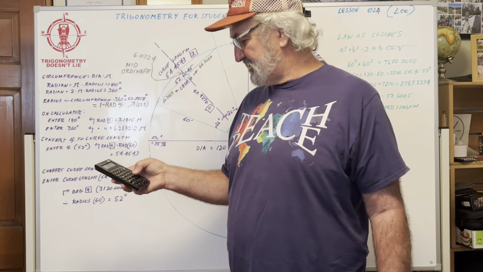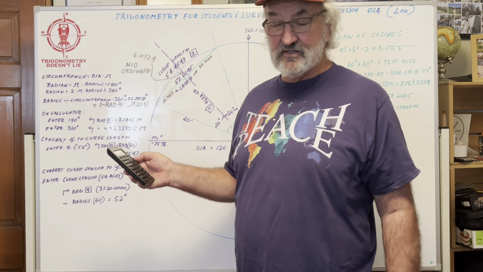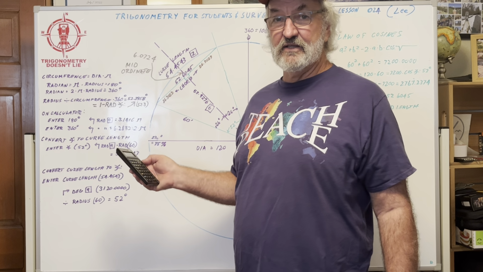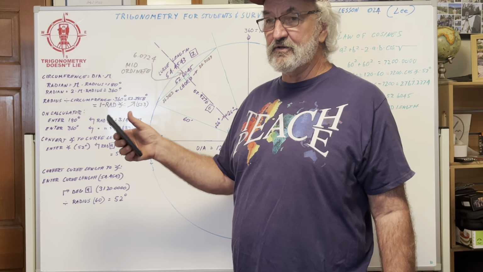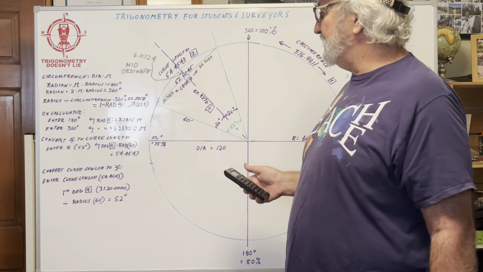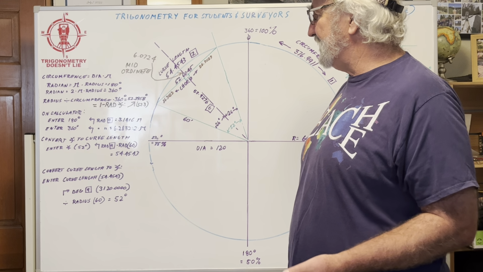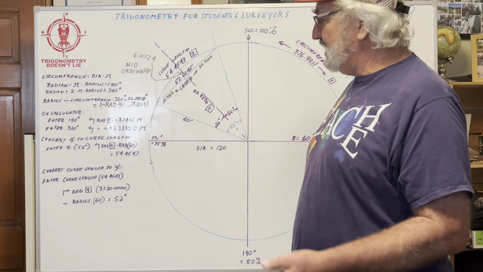It's the same one you use to convert hours, minutes, seconds to decimal degrees. You'll find it over to the left, the left 2 instead of the right 2. So you can do the same thing with that one that you can do with this one. Very, very good program they've written there.